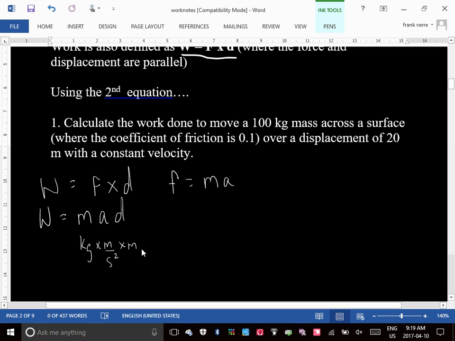This gives you kilogram meter squared per second squared, or you can think of it as kilogram meter per second squared. So in other words, mass times speed squared is the unit of energy, and that is the equivalent of what's called a joule, which is written as a J.